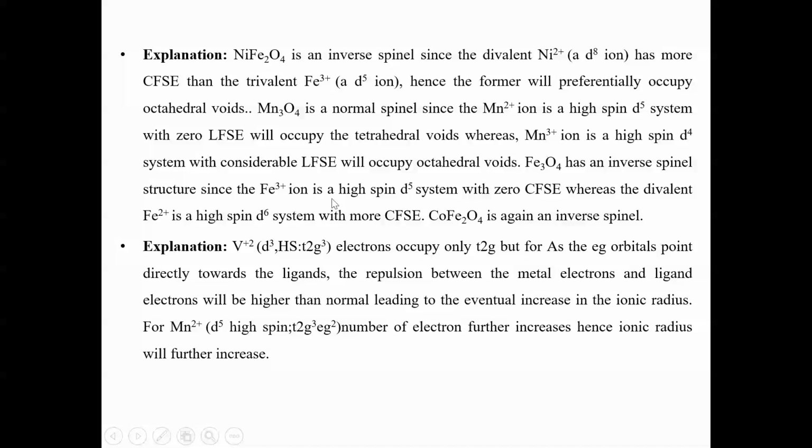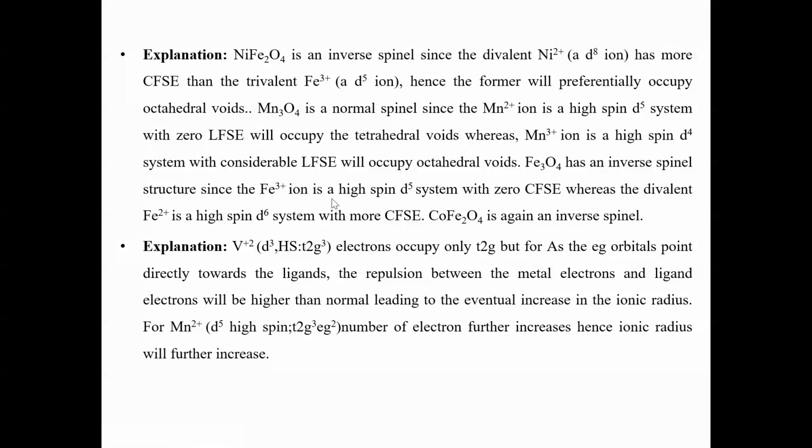So this NiFe2O4 is an inverse spinel. You can just do the basic things. Whether the bivalent cation Fe2+ has more energy than +3 in octahedral, or the trivalent cation +3 has more energy than +2 in octahedral. From that you can get the basic idea whether it will be an inverse spinel or normal spinel structure.